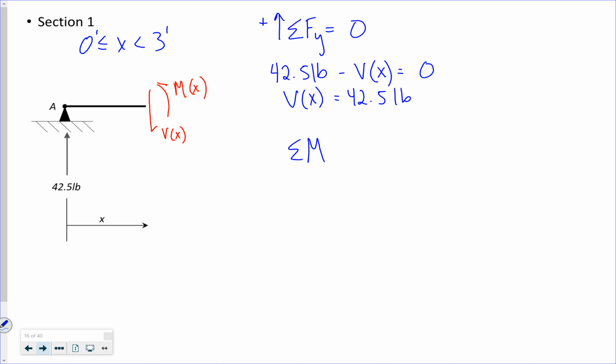Let's look at the moment at that section. This is acting any distance X, 42.5 pounds, acting clockwise, so it's negative.